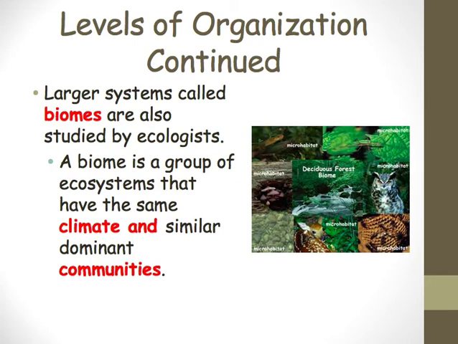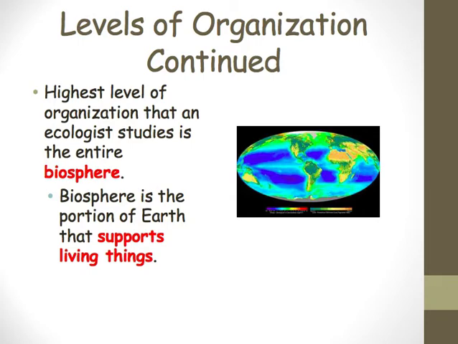They might not have the same adaptations, but they're going to have similar ones in order to live in that environment. We'll talk more about biomes as we move on to different units. And then the largest level of organization is the biosphere, which is any part of Earth that supports living things. So this would be our biosphere.